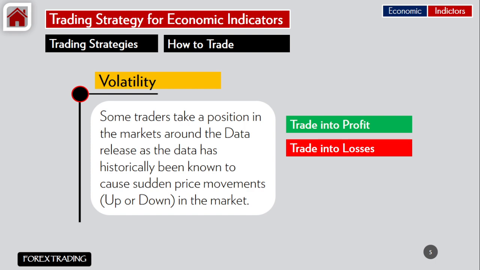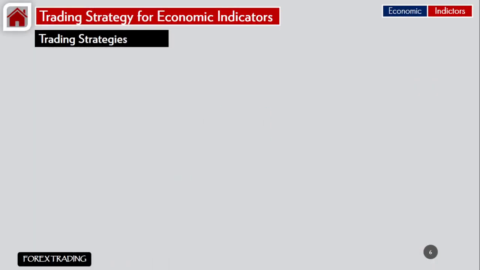So some traders take a position in the markets around the data release, as the data has historically been known to cause sudden price movements up or down in the market. And traders can either trade into profit or into losses. It all depends on their trading strategy and how they analyze the economic indicator data.